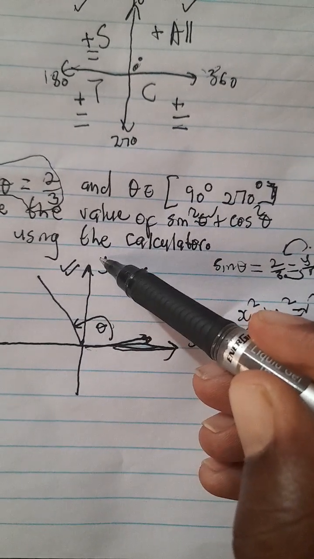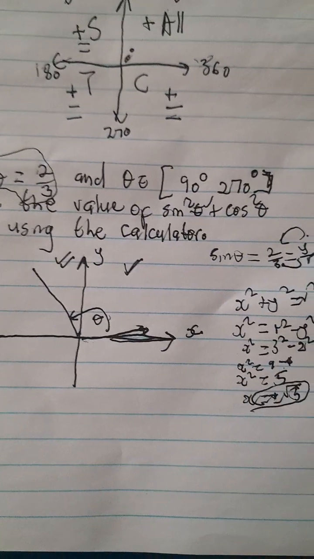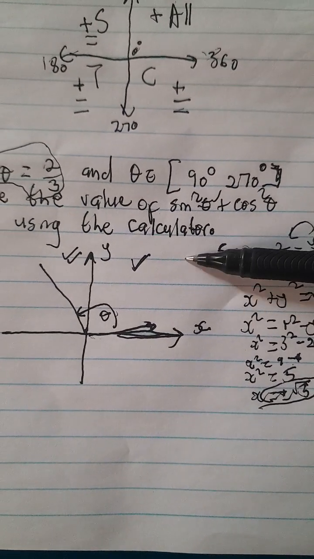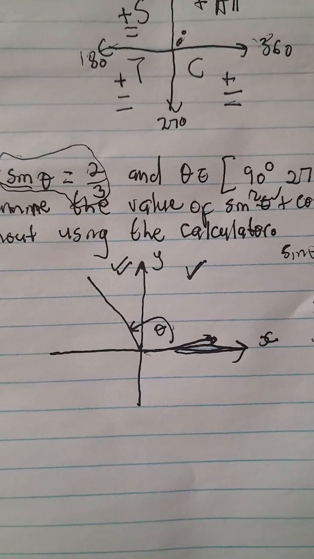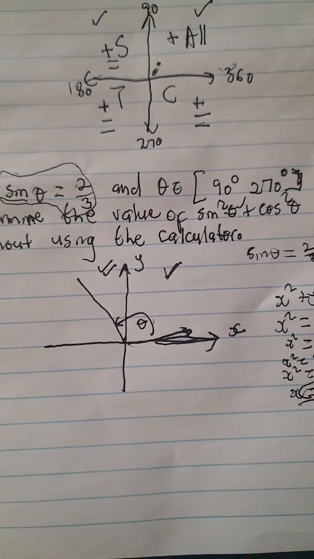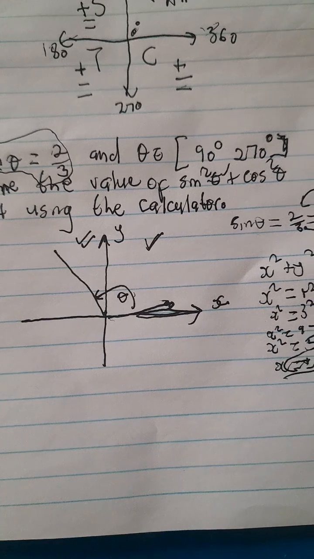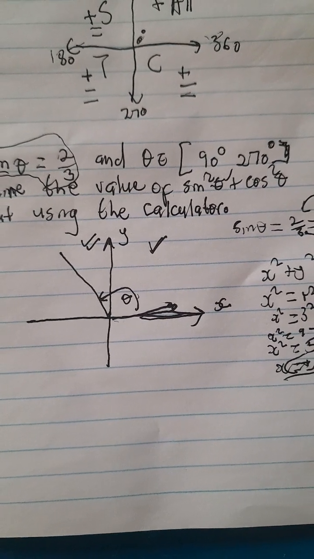That's why I put two ticks here. And this is where sine theta is positive. It is true that sine theta is also positive on the first quadrant, right? But where both constraints are satisfied, that happens on the second quadrant. I hope I'm clear in that, right?